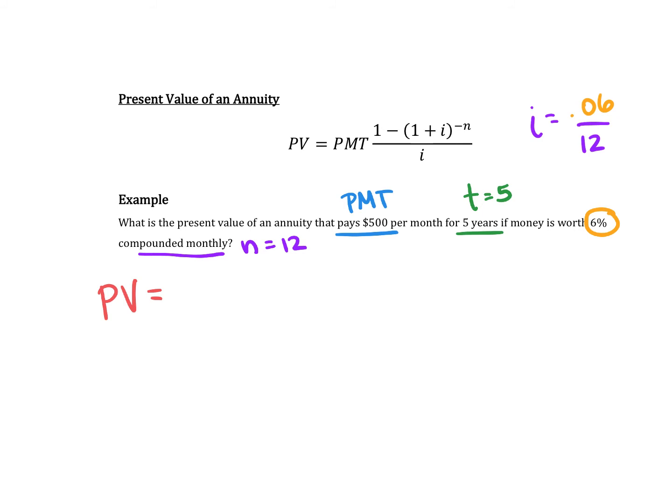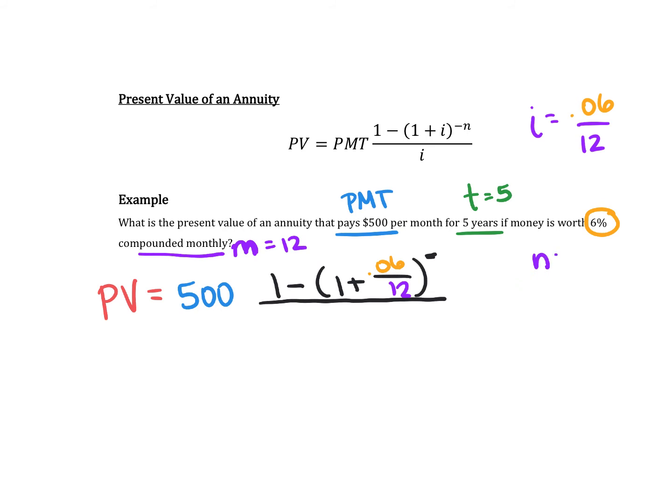When I set this up, I get my payment, which is $500, times the top, which will be 1 minus 1 plus that I. That I value is 0.06 divided by 12, raised to the negative N. Remember, to calculate the new N, we multiply M, which in this case is 12, times T, which is 5.